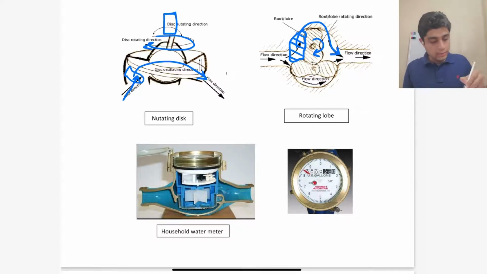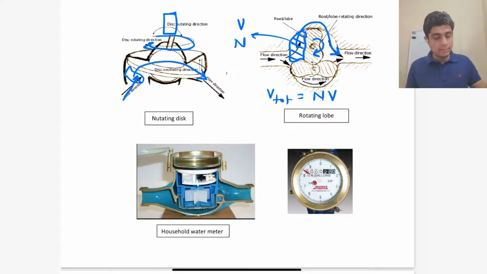So let's say again the volume of the trapped fluid is V, and it does n number of rotations. So your total volume that passed is n times the volume of the trapped fluid. And again, the volume of the trapped fluid is designed by the manufacturers, and this information is provided when you buy the device.